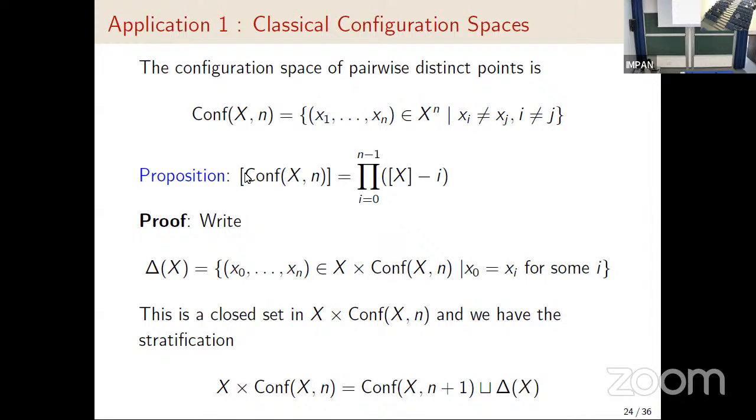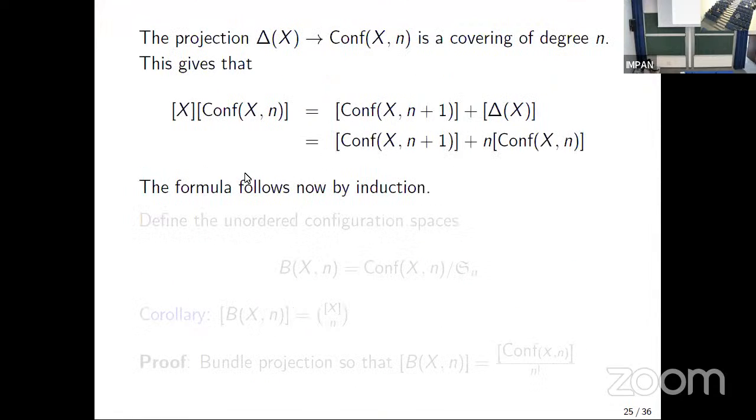So you take this subspace where x0 is xi for some i, and then you write this to be this. If you think about it carefully, this is simple. And then you apply your bracket. And this decomposition was suggested by Alberto. I'm not asking you to follow the details, but just telling you that it's a three-line proof.